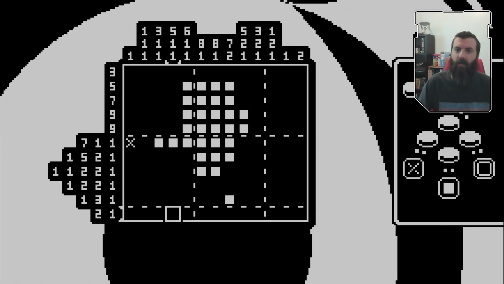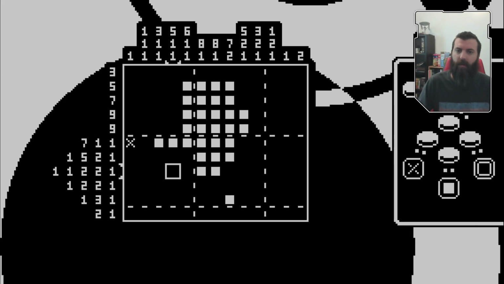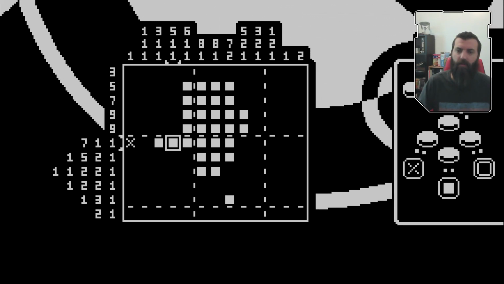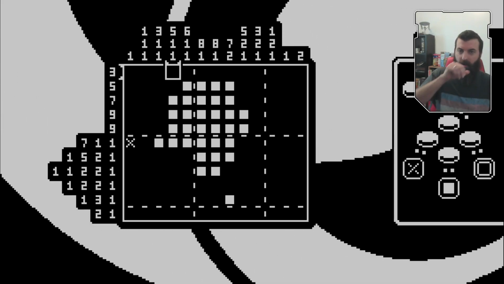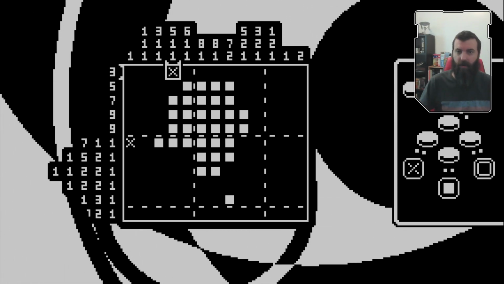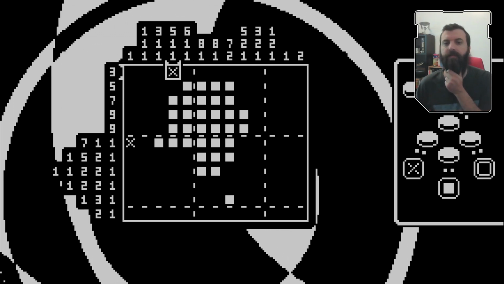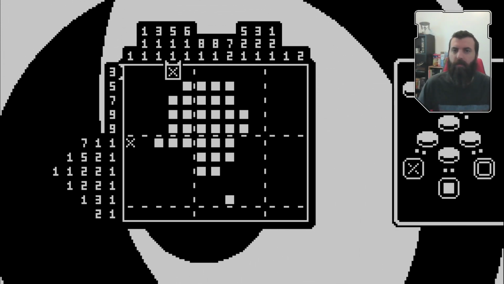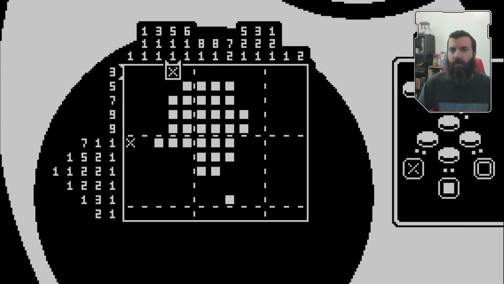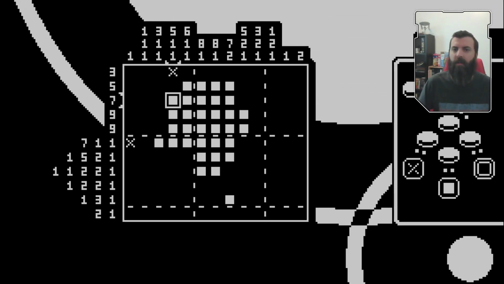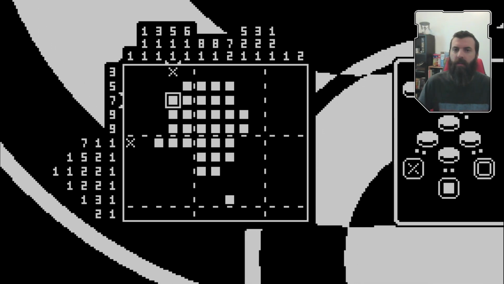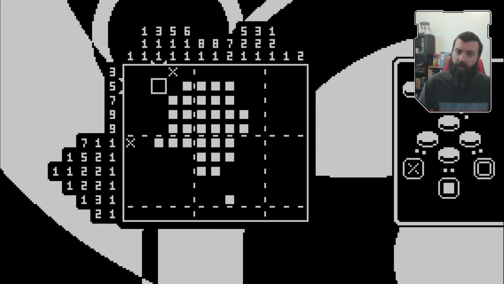Similarly, 1 space 1, 5. Couldn't reach up to here now. But get our horizontal line.